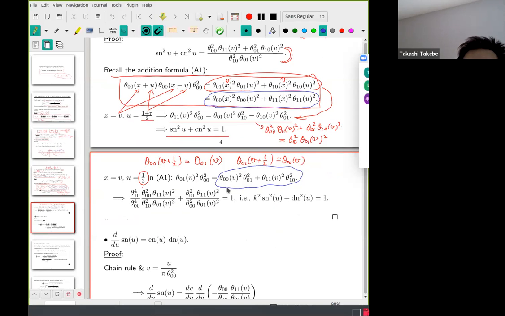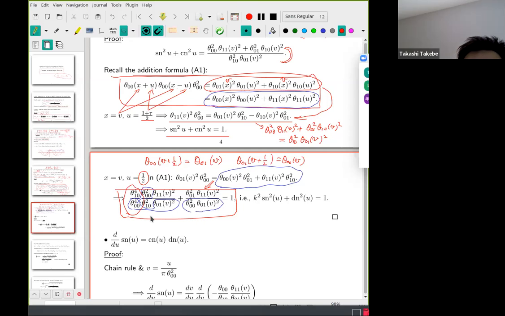And by dividing both sides by this, this, we have some extra factor here, but still, essentially this equation comes from this addition formula.